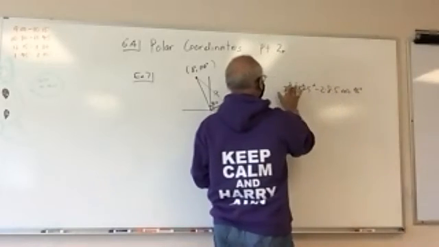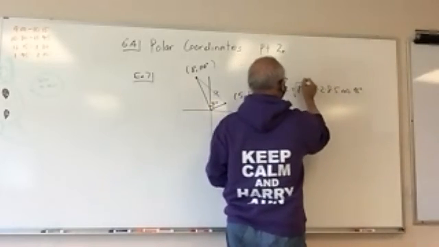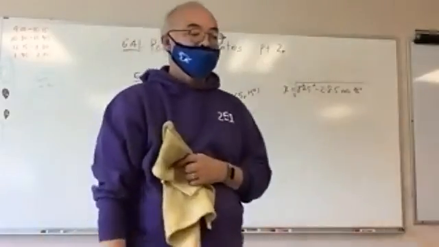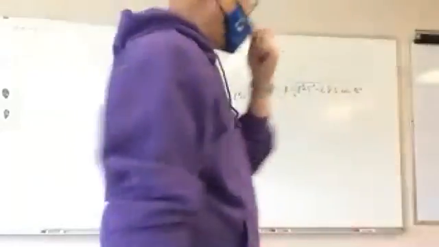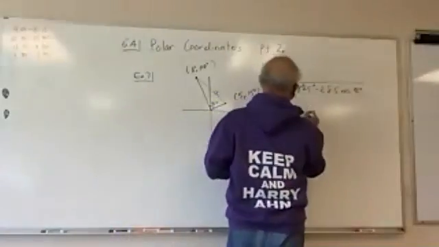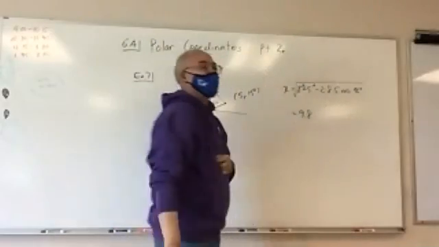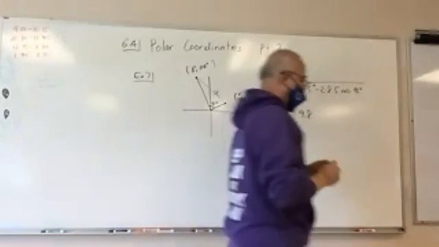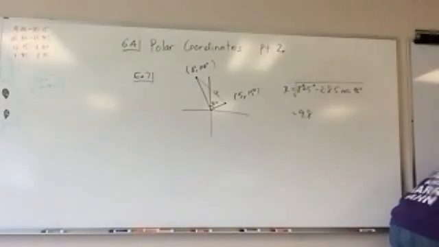So x is going to be equal to the square root of that. Right, that's it. And then you get 9.8. Okay. All right, we're done. You don't remember this?